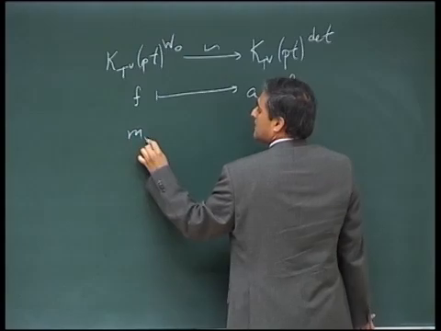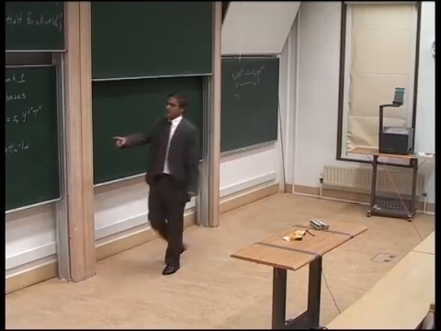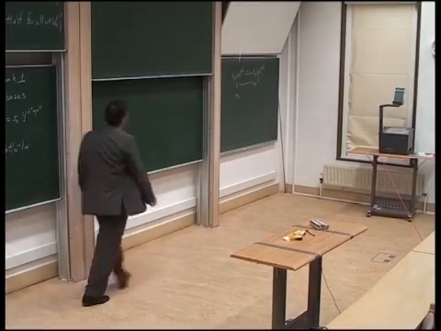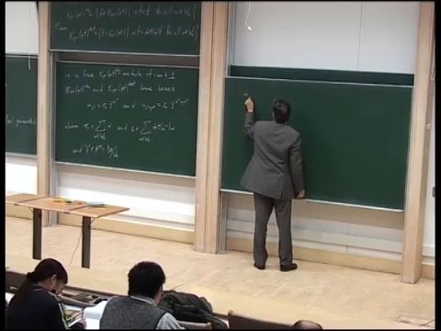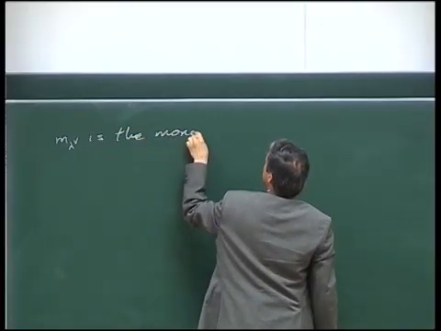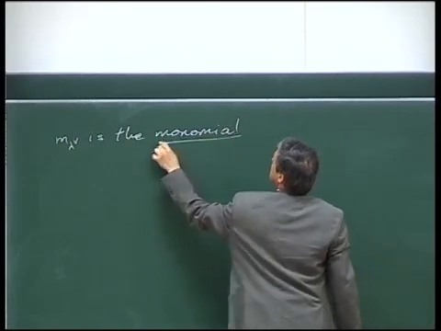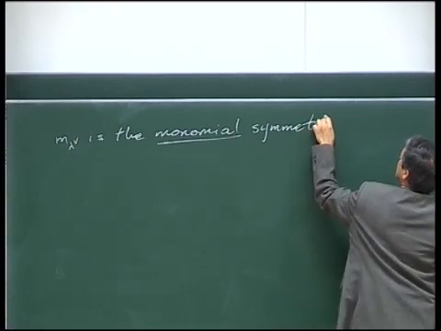So this is the naive basis. That's the most naive thing I can do. All right. Let me write here. So m lambda check is the monomial symmetric function. If you read Macdonald's book on symmetric functions, that's where I get my terminology from.